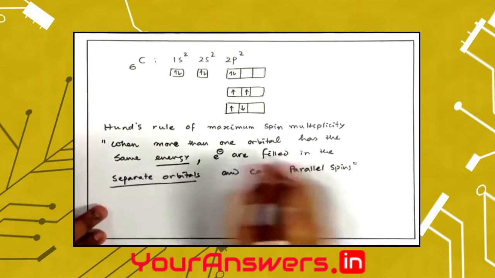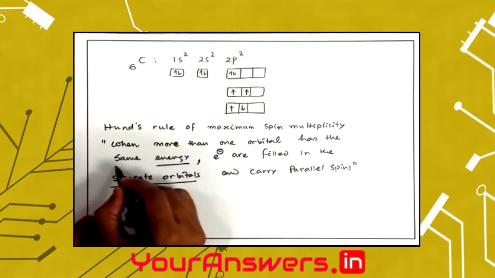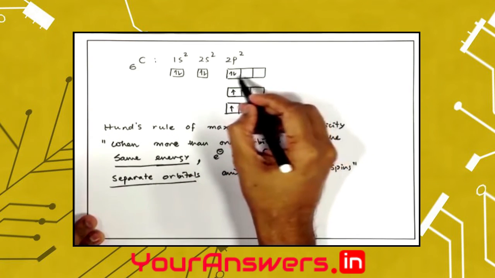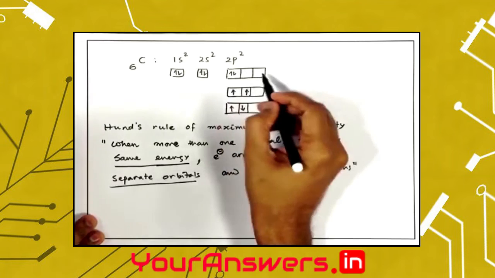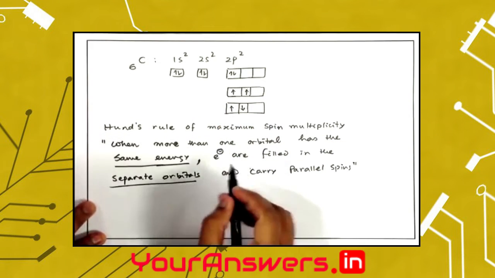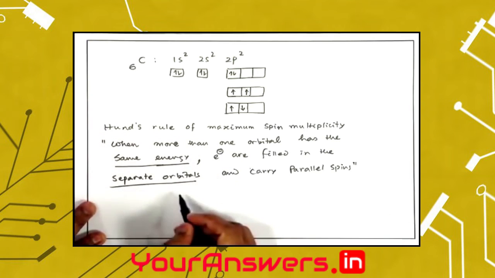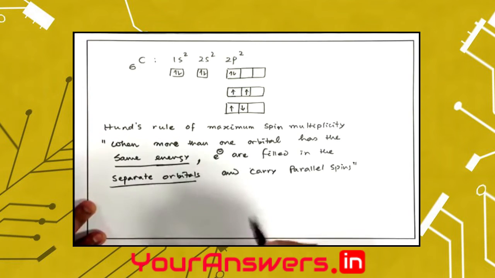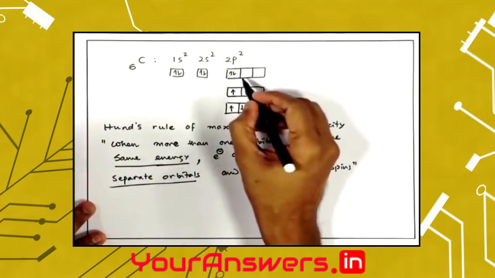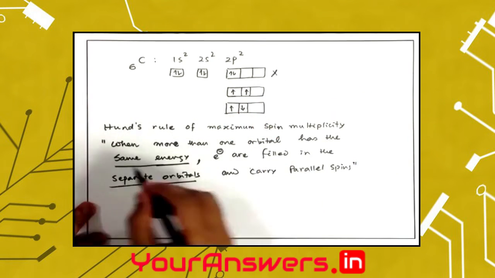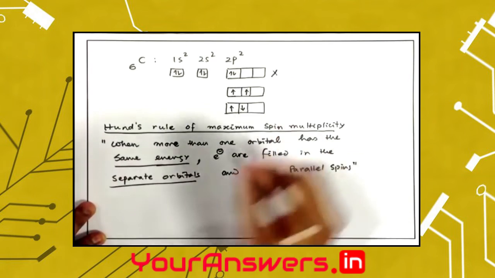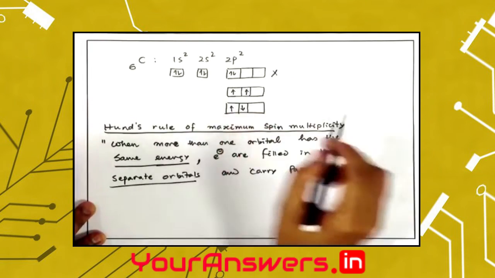So, it says that if there are more than one orbital which have same energy, for example, in this case 2px, 2py, 2pz, there are 3 different orbitals and they have got all same energy. So, we must fill electrons in the separate orbitals and we must give them parallel spin. So, for example, this configuration, what we have done is wrong. Why? Because it is in violation of Hund's rule, which says that the electrons have to be filled in separate orbitals.